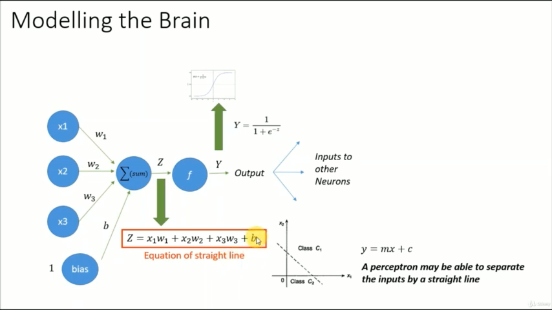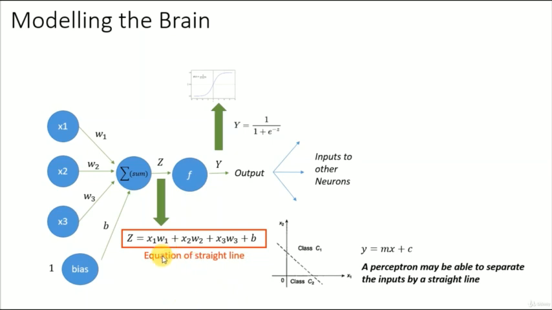So we're going to add a bias term. And now realize what happens here is that we have an equation of a straight line. So b here is your c, and your inputs x1 w1 plus x2 w2 plus x3 w3 is just mx in this case. But of course, here we have multiple features, in this case three.